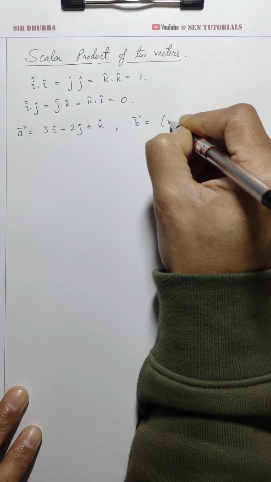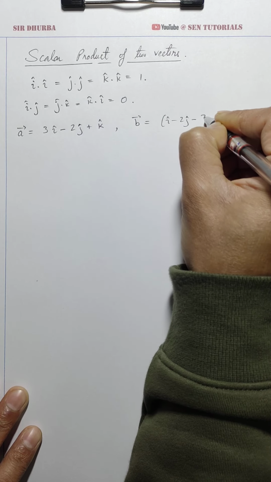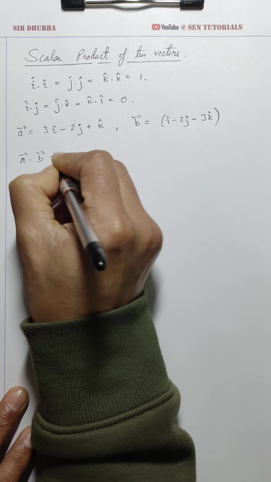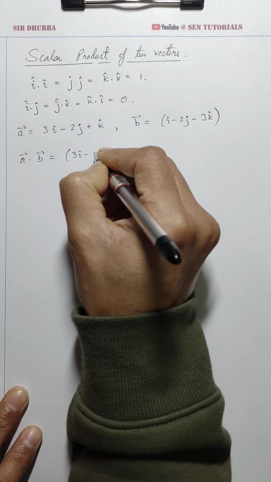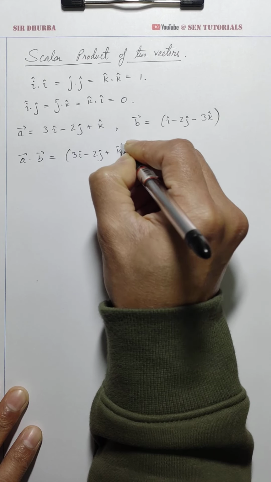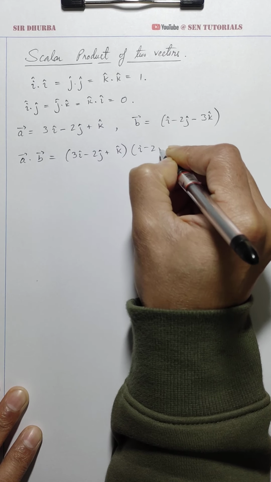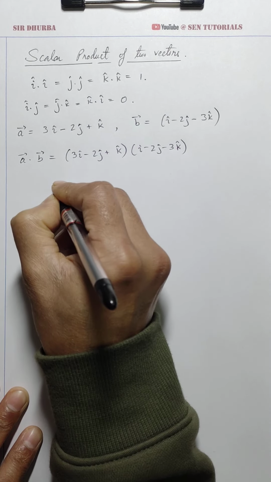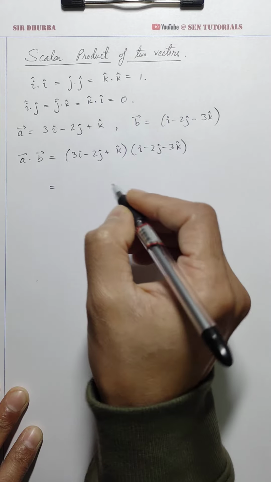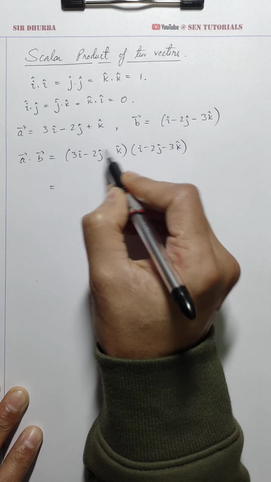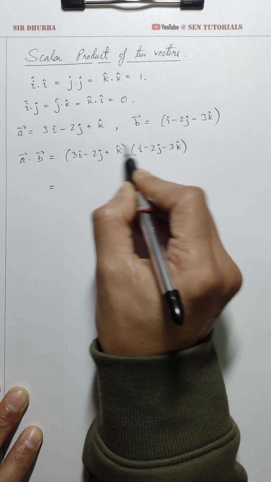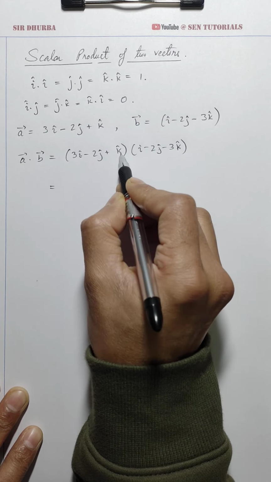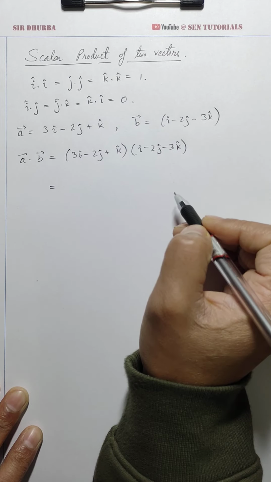Now, for example, suppose we have two vectors, vector A as 3i minus 2j plus k, and another vector as i minus 2j minus 3k. If you have to go for the dot product of these two vectors, what shall we do? Very simple, write it down. Now when you go for the dot product, just ignore the other products like i dot j, i dot k, j dot i, j dot k, k dot i, k dot j, because we know these will all be 0.